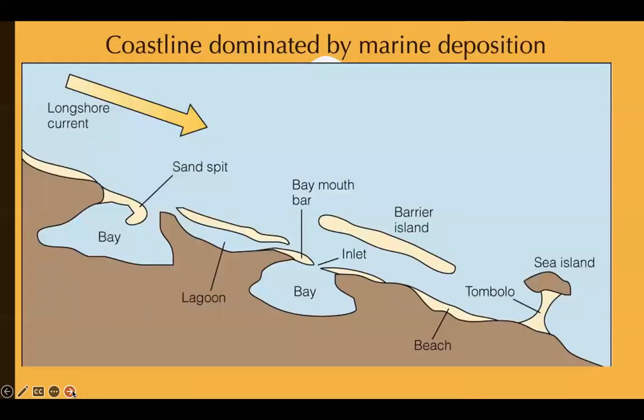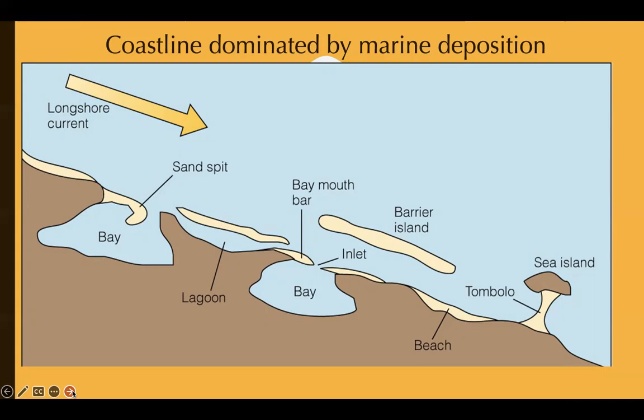So marine deposition is when there's a current that heads down, say north to south, and it moves along with its sand and it gets collected in places like the bays where we call it a sand spit, or in a lagoon, and little bars start to form because the sand maybe settles in there.